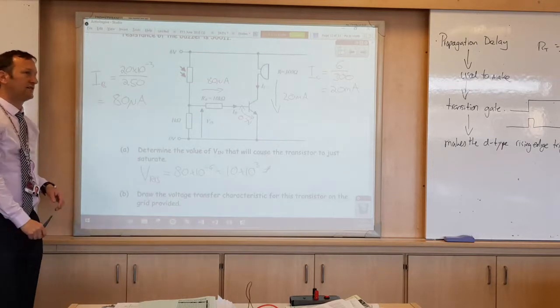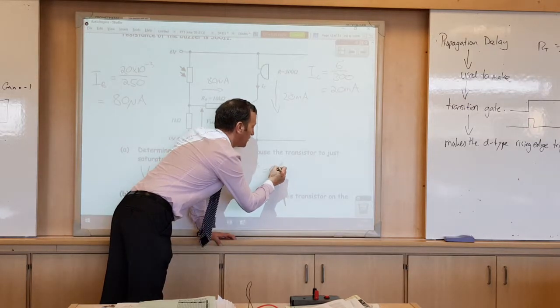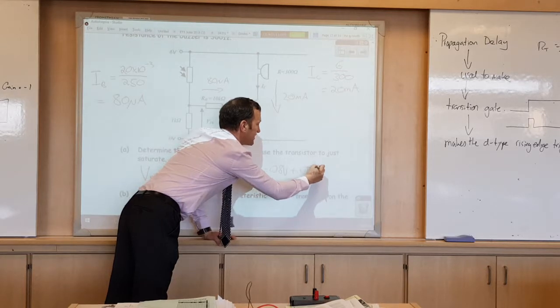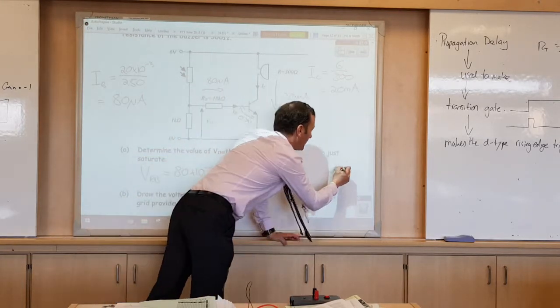So do you have to add 0.7? Yes, that gives you 0.8 volts, but the thing that everybody forgets to do is add 0.7 volts, which gives 1.5 volts.